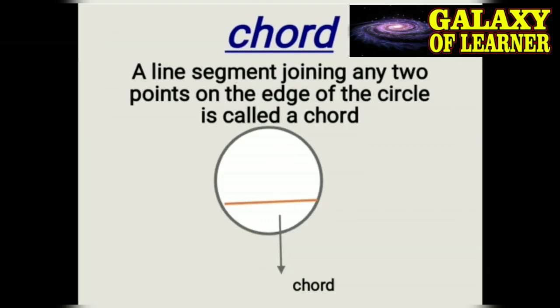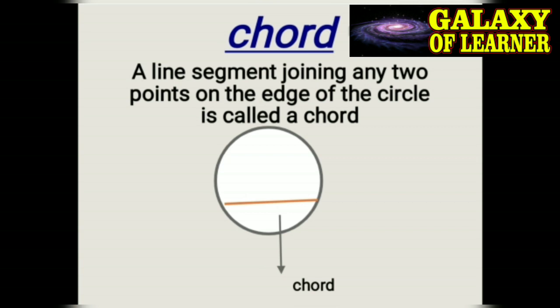Now, the second part is chord. What do you mean by chord? A line segment joining any 2 points on the edge of the circle is called a chord. Now see children, chord is shown with the arrow. You can see the black line drawn.